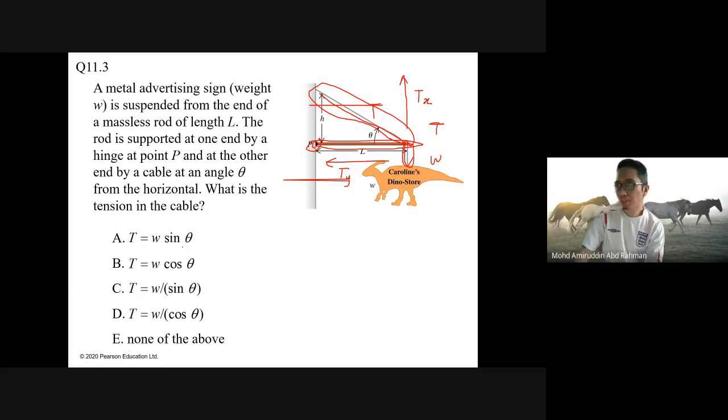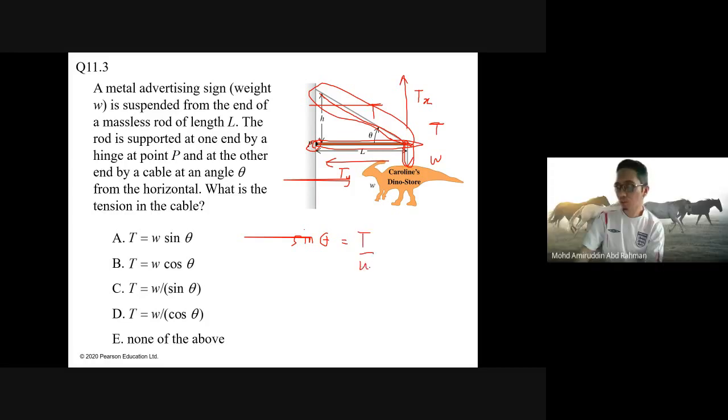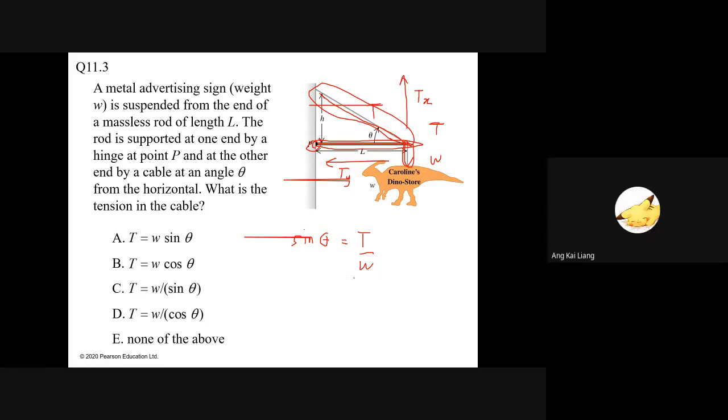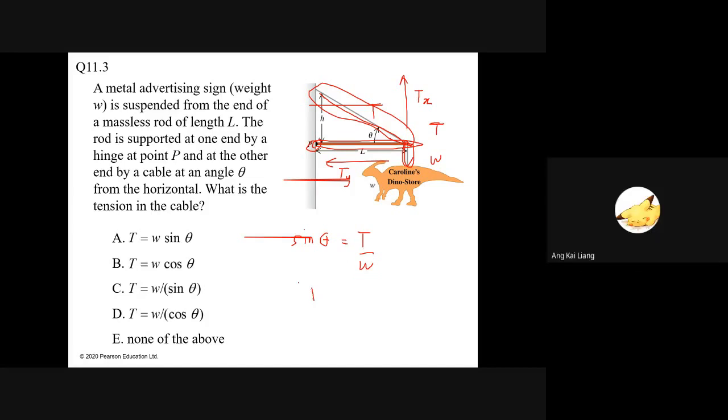Okay, so you mean that sine theta equals T over W? Is this what you mean? All right. T sine theta equals W. You mean T sine theta equals W?